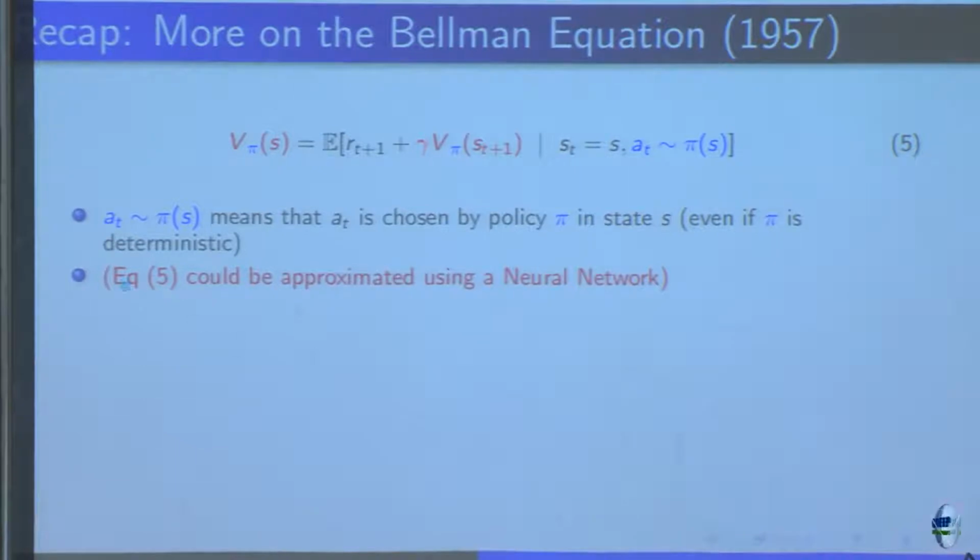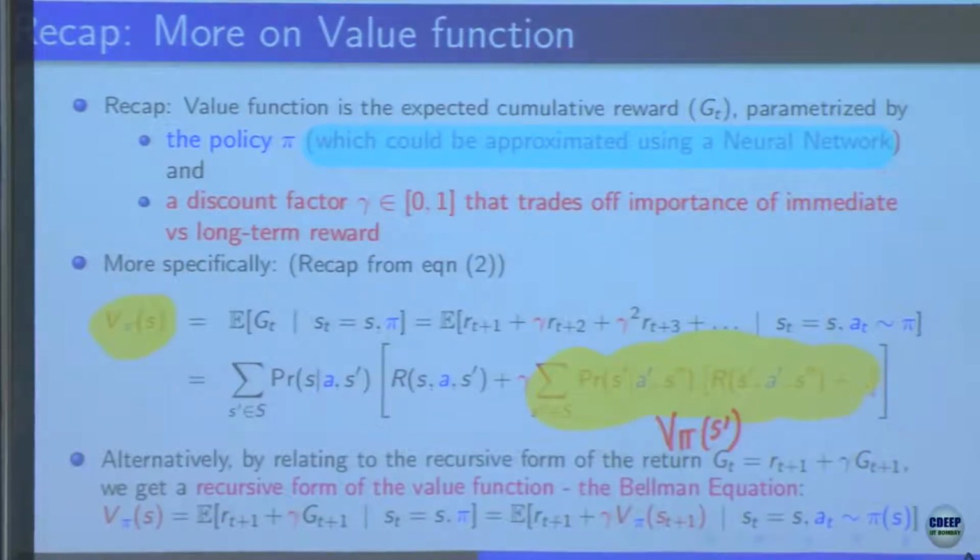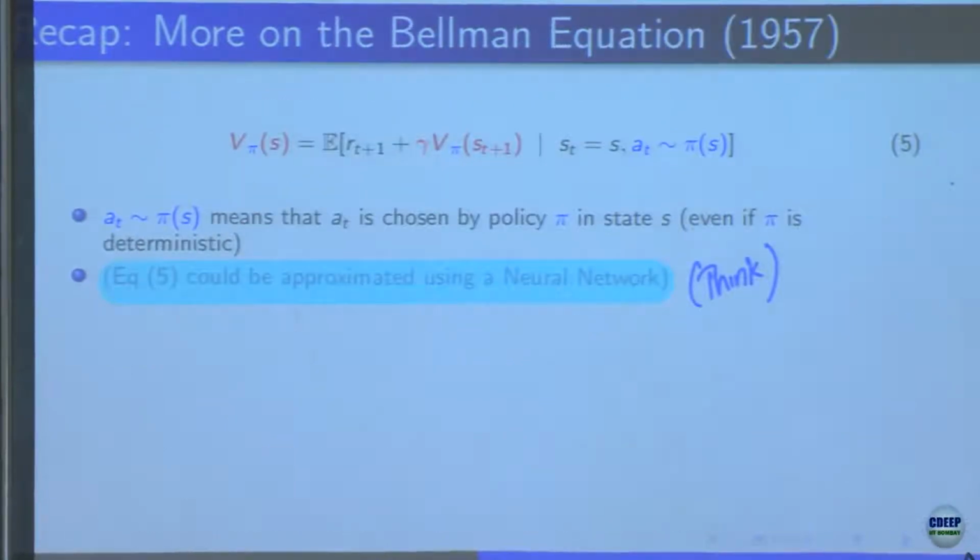Again, these are small placeholders for you to think about. These two are examples of food for thought: the policy pi could be approximated, so can the value function. In fact, in the last class I had also talked about a Q function.